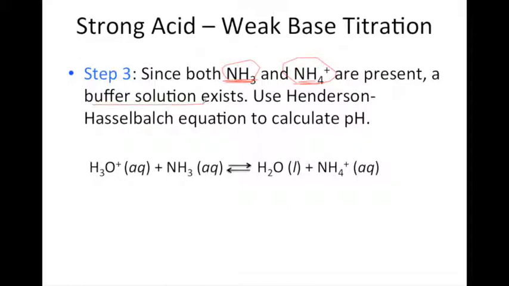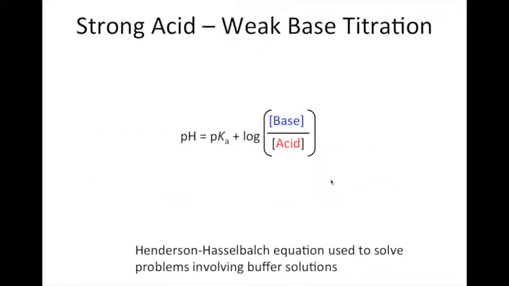So the easiest way to solve a pH involving a buffer solution is to use our Henderson-Hasselbalch equation. Again, at this point in the titration, we have not neutralized all the ammonia, and we have formed some number of moles of ammonium, so we have a buffer solution. So let's take a look at how to solve this using our Henderson-Hasselbalch equation.